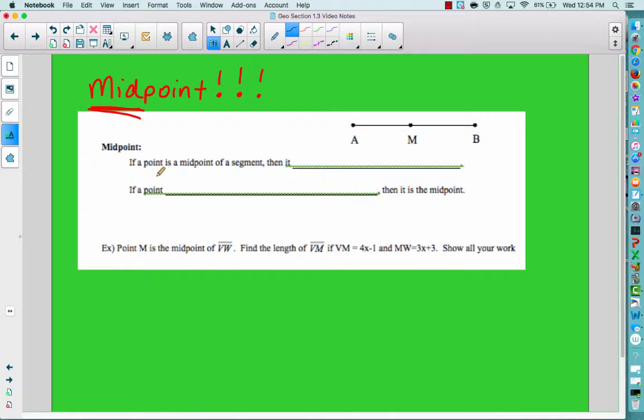So if a point is in the middle of the segment and M is the midpoint, then it divides the segment into two equal or congruent segments.